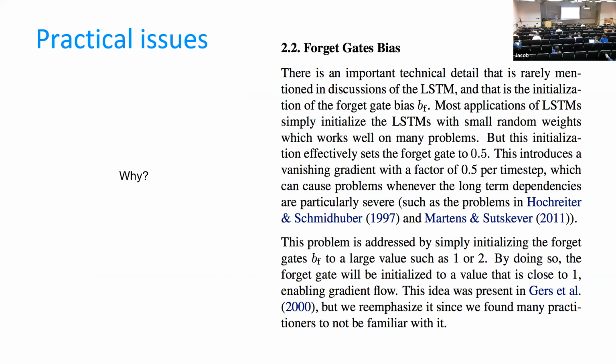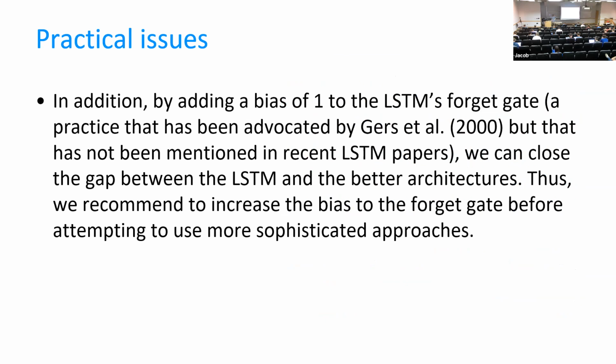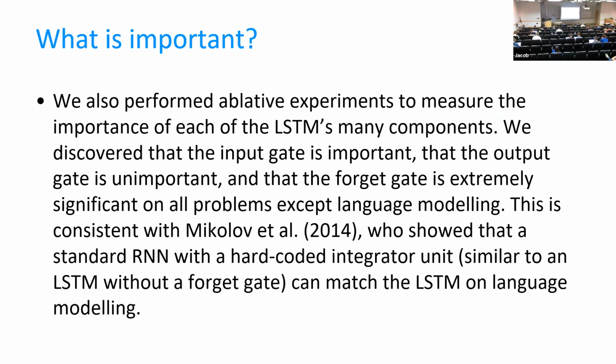The problem is if you start out with the inputs to your forget gates being super negative, then the outputs of all of your forget gates will be 0, and you won't have a lot of training signal. So the solution is to add a small bias term. That's just a training trick.